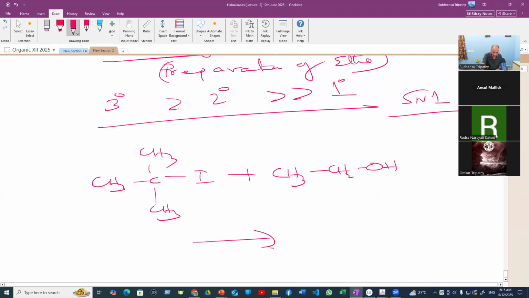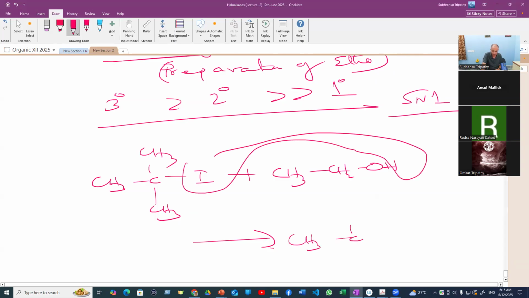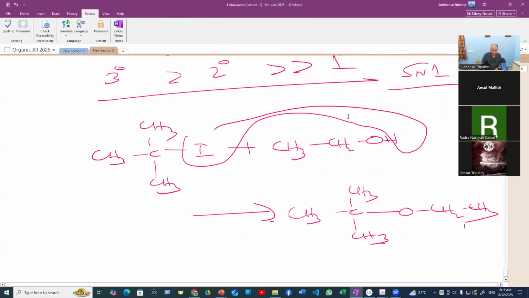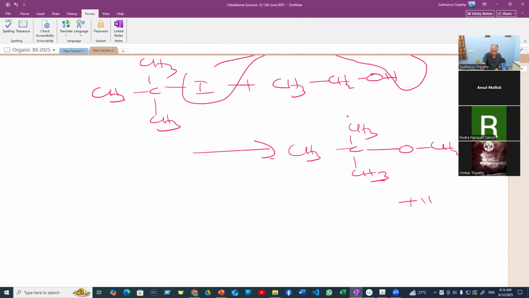So that will favor the formation of substitution. And the mechanism is same as hydrolysis.